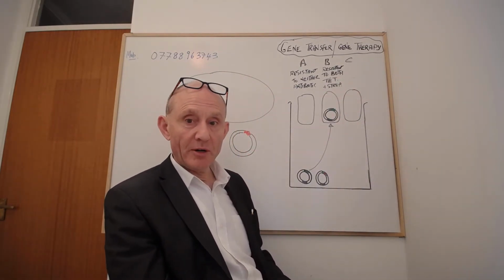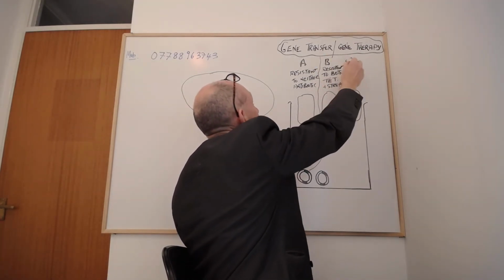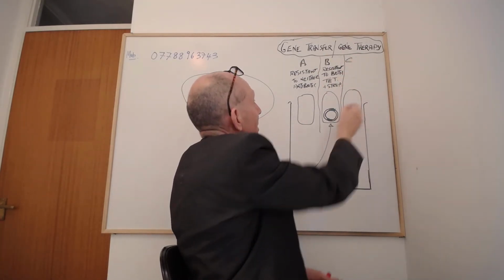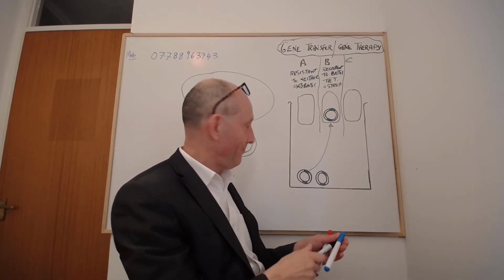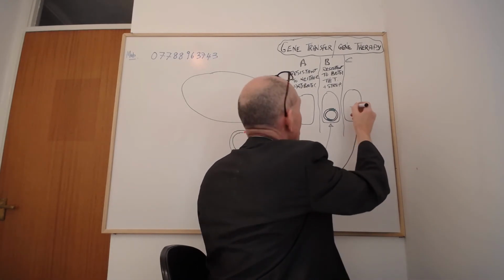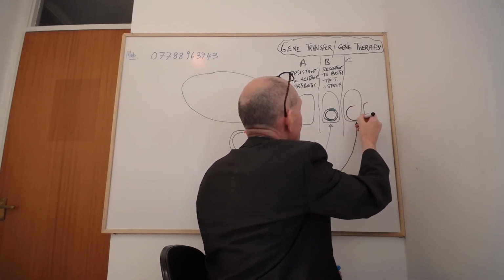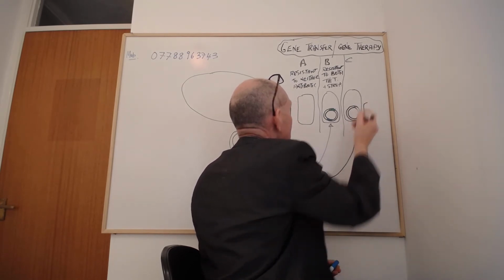Those type of bacteria, that should be bacteria B, is that right? And then finally, you have this bacteria over here, and it takes up the recombinant plasmid. So it takes up the recombinant plasmid.